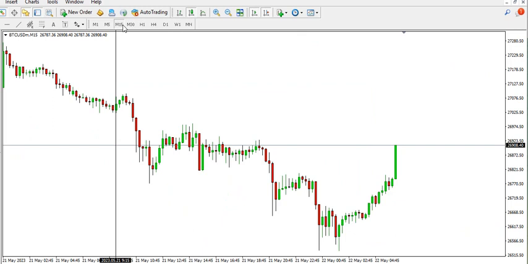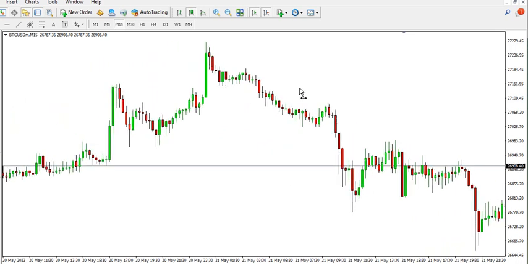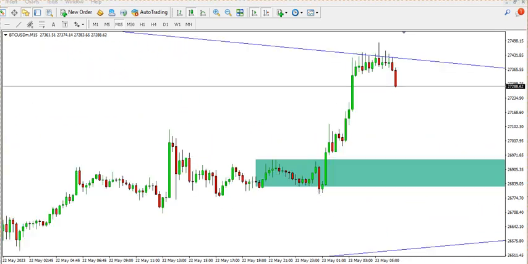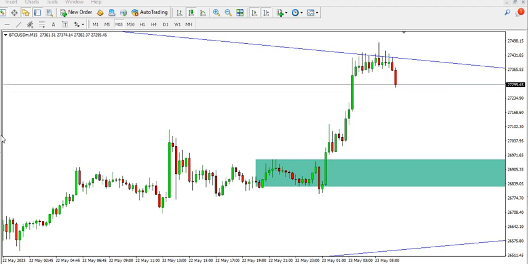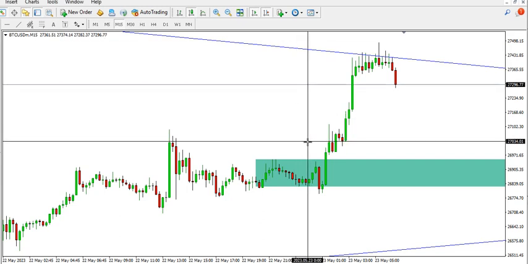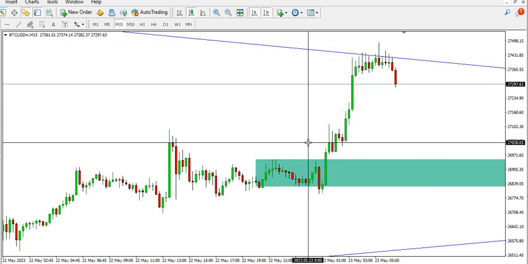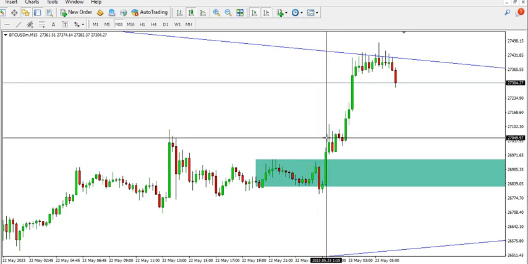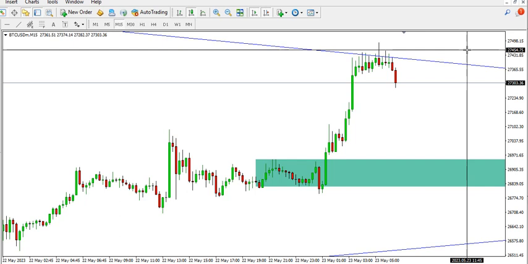On the 15-minute time frame, we can see that the price of Bitcoin is trying to form a top, but as it forms the top, we have an order block around this 27028 area, which might serve as support for price to continue its upward direction.